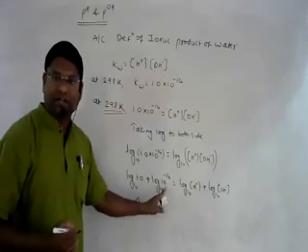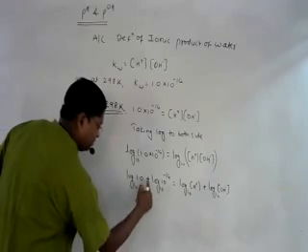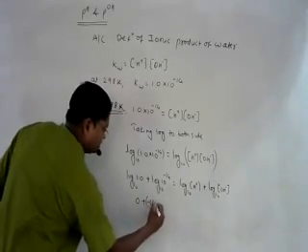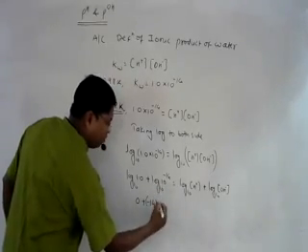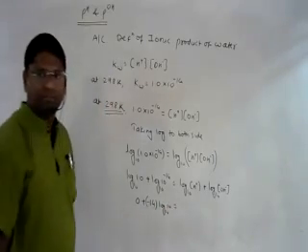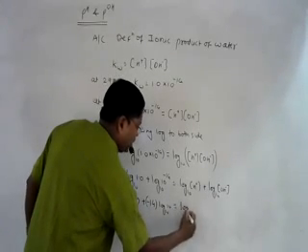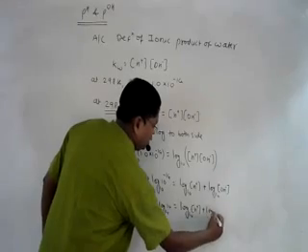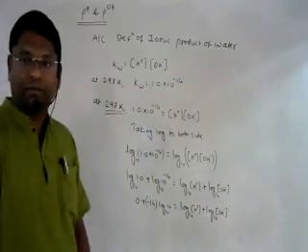Log to the base 10 of 10 to the power minus 14 will be just as it is, minus 14. That is equal to log to the base 10 H positive plus log to the base 10 OH negative.